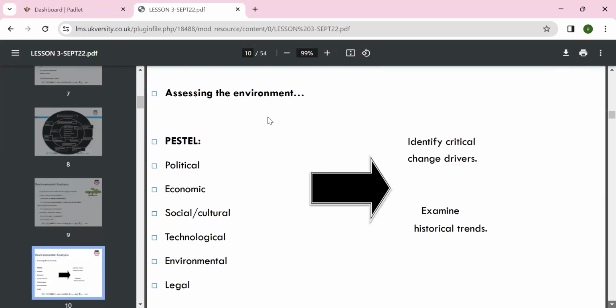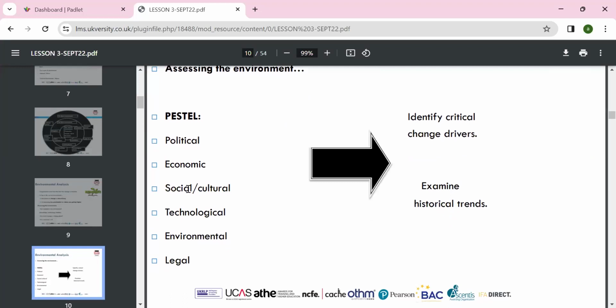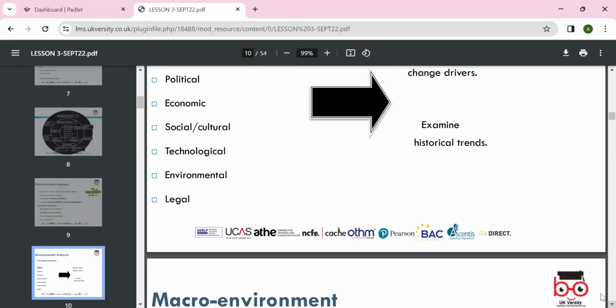When we say environment, we have political, economic, social, technological, environmental, and legal. Identify the critical change drivers and examine the history and the trends. Like Blockbuster in the music and film industry, which did not sustain. When we think about Netflix, they changed to online streaming, online movies.